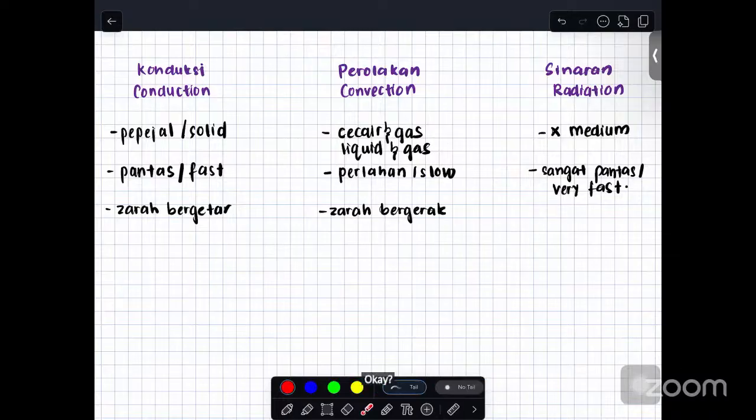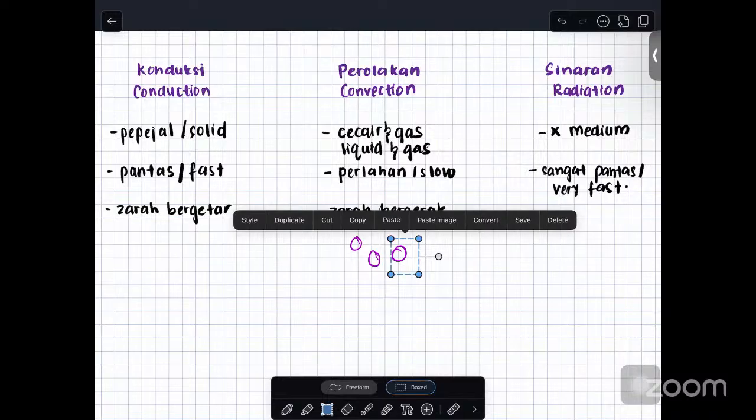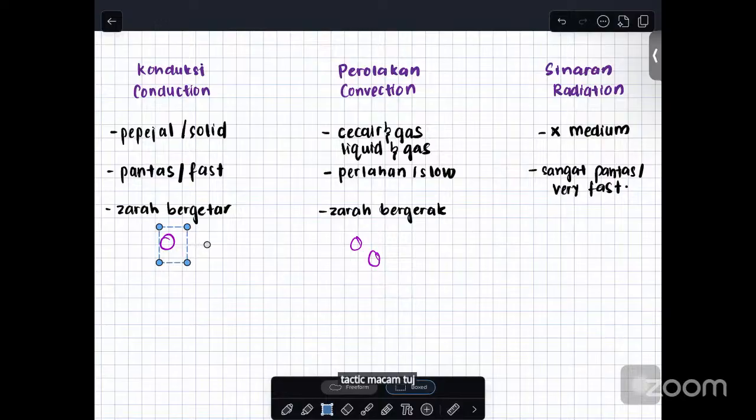Okay, because cecair dengan gas, dia boleh bergerak kan? Dia mengalir, right? So, zarah kita pun boleh bergerak. Pepejal, dia bukan boleh bergerak. Dia static macam tu je. So, dia bergetar.